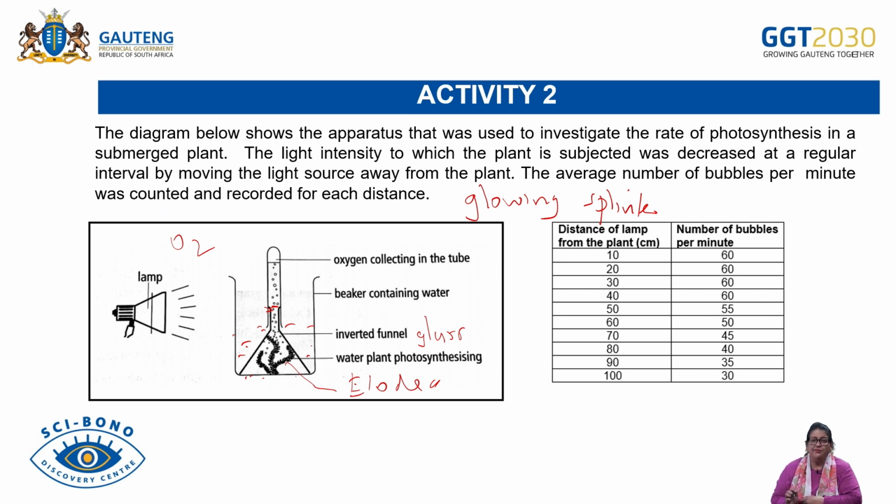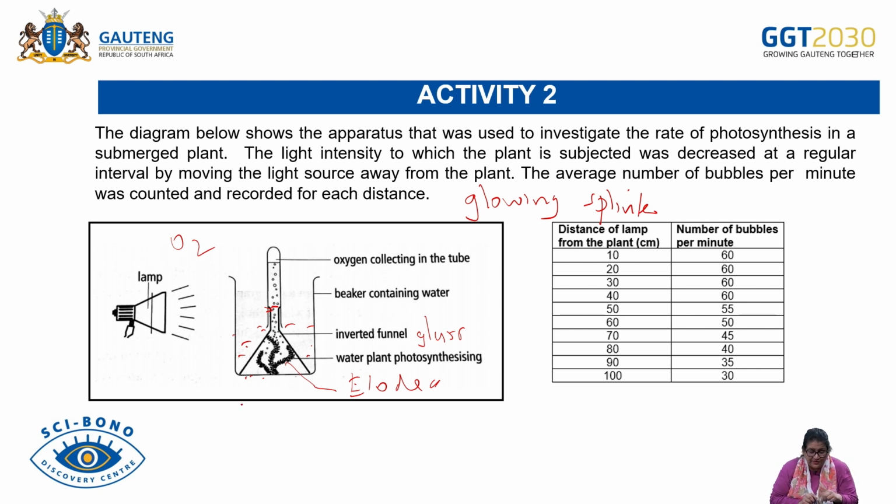Now you have a table alongside your diagram. Here's the lamp, here's your apparatus, here's your Elodea plant. You're giving it light for photosynthesis. It's transparent for light to pass through. You're also going to put a little bit of bicarb inside this water, because bicarbonate of soda is a source of carbon dioxide.